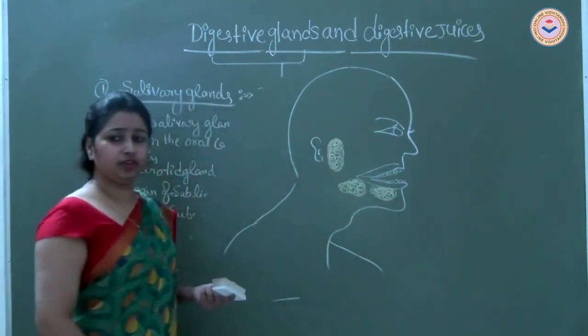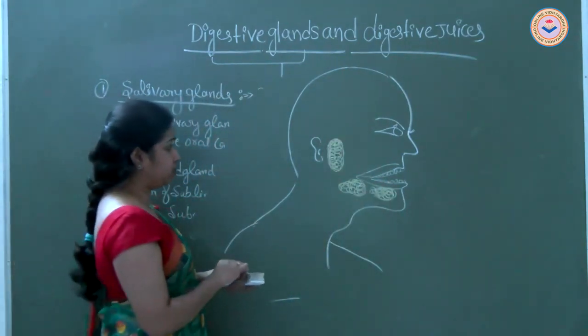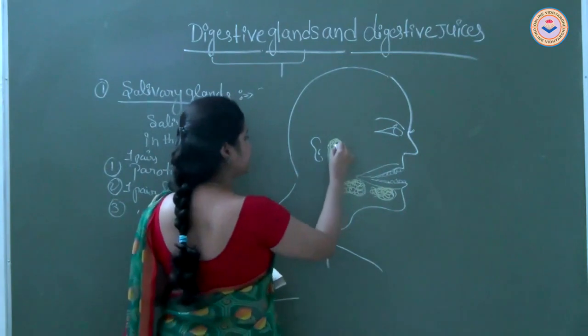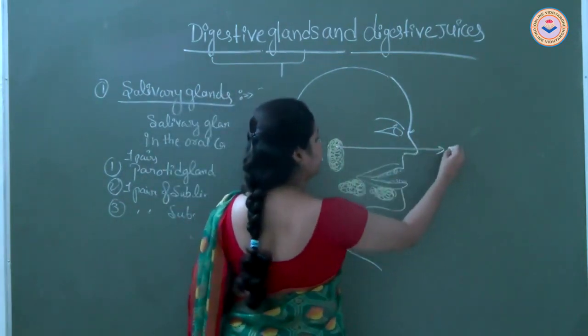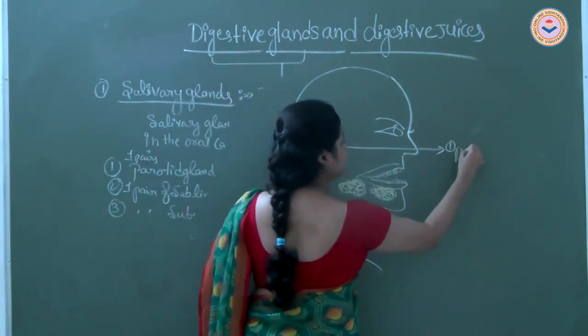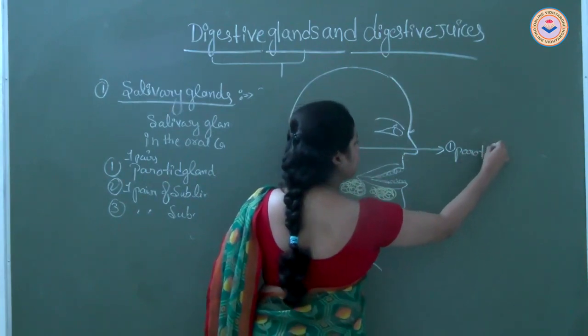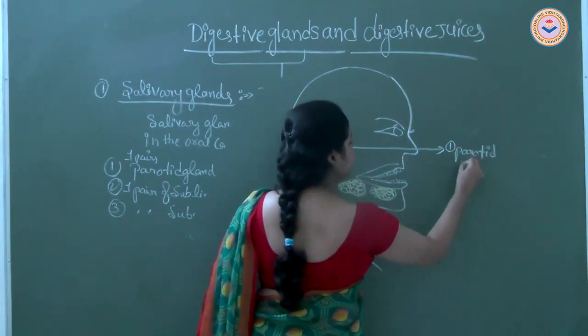So, three types of glands. Now coming to the first one, the parotid gland.